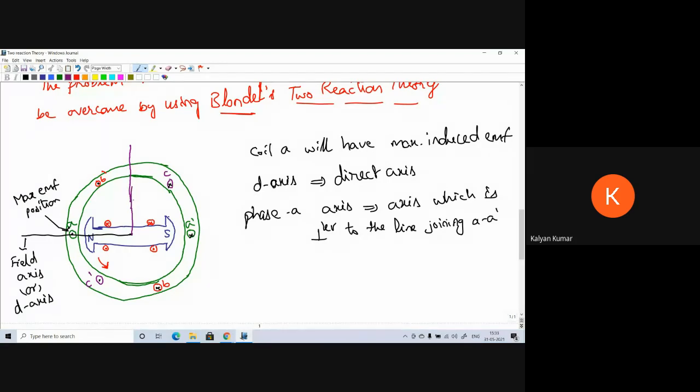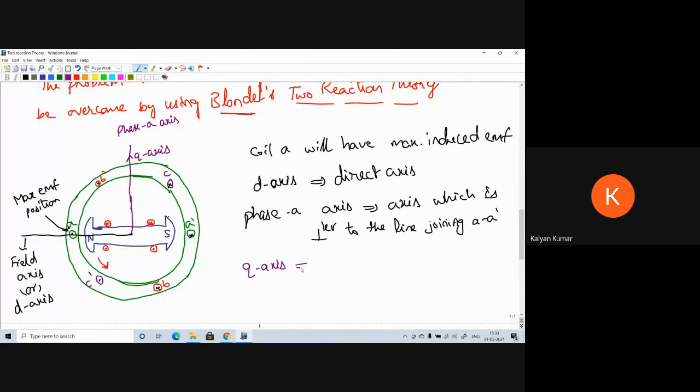So this axis is perpendicular to the line joining A and A dash. Now, if you consider this axis, it is at an angle of 90 degrees to the D axis. So we can also call this axis the Q axis.